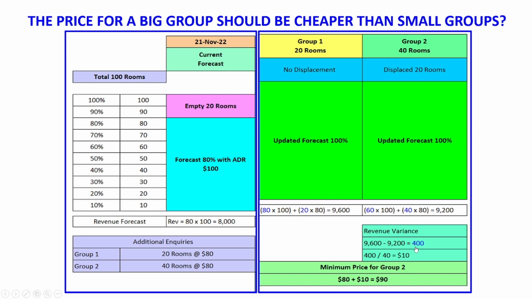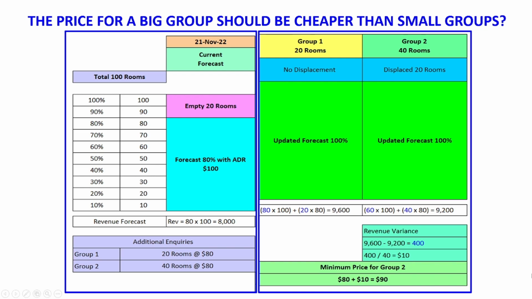So in order to know, if we take the big group of 40 rooms, what is the rate that we should increase? Okay, so we take the 400 divided by 40 rooms, which equals $10. It means 400 US dollars divided by the 40 rooms from the big group, so we need $10 additional.